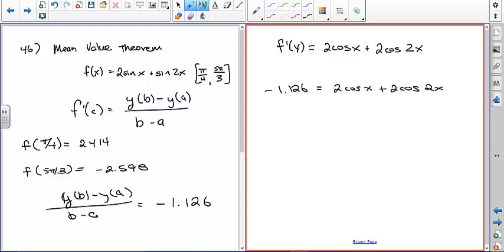So what do we need to do in this problem? The next step. How do we get cosine of 2x into something involving just x? It's one of those trig identities.